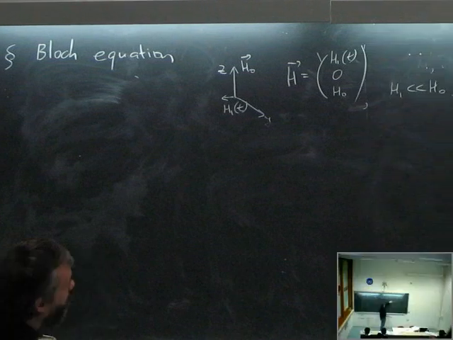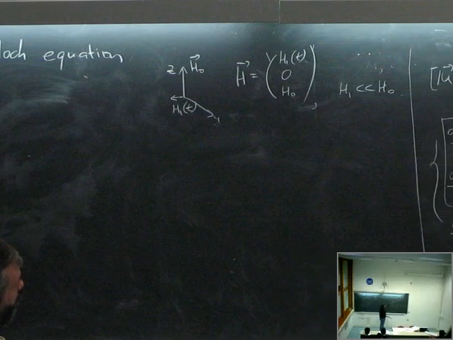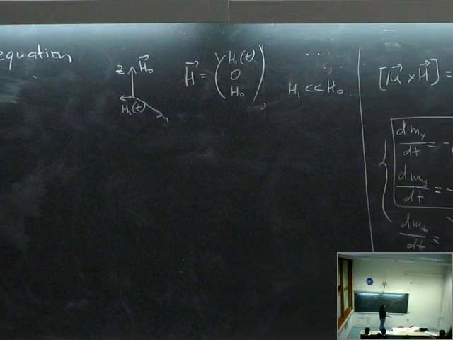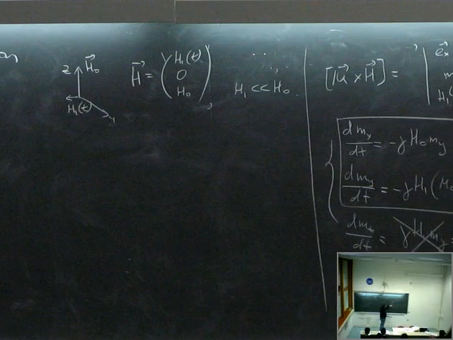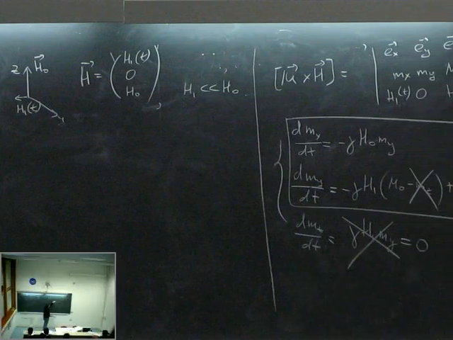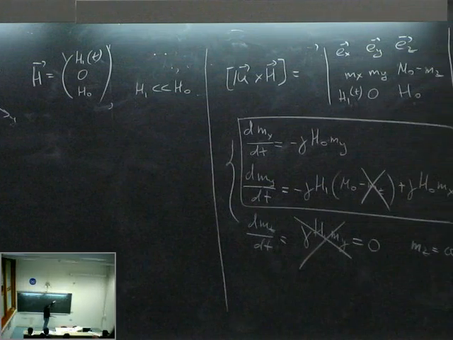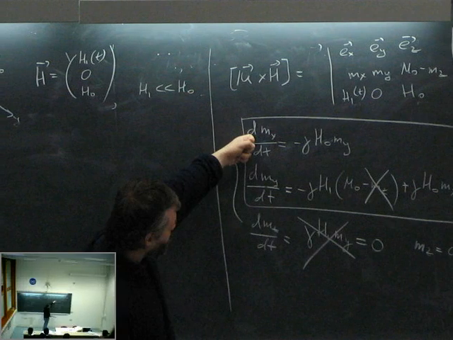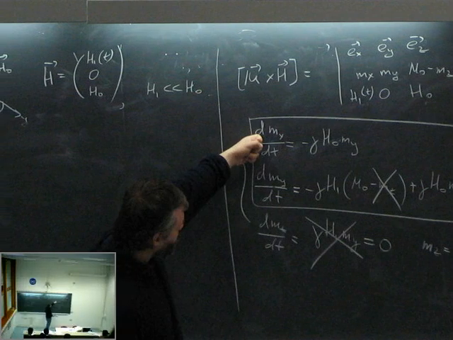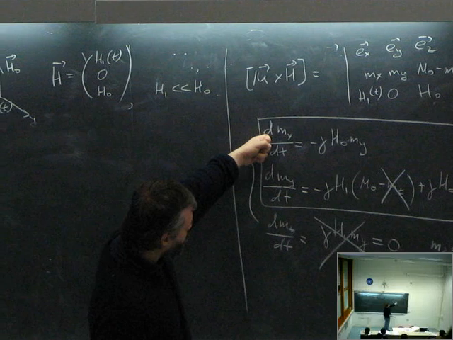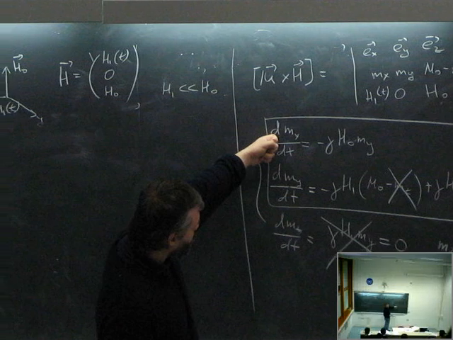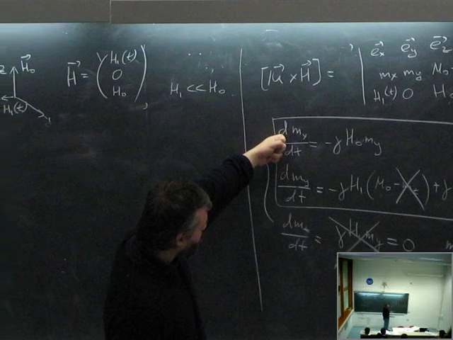With this remaining system of two coupled equations, it's very easy to do it. For example, we can differentiate this equation with respect to time. H naught doesn't depend on time. H1 is an arbitrary function of time. I'm not specifying what the function is.